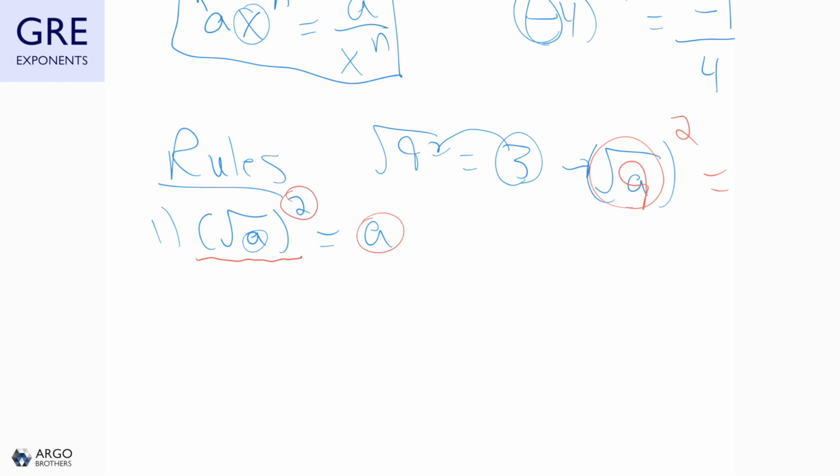And in this case, a is 9, so the rule is the square root of a, squared, is a. Okay? So the square root of b squared is b. Whatever number a is, you take the square root of it and then square it, and you know that these two things cancel out. Those two things that are the square root and the square. Okay? So those cancel out when you're taking a square of the square root.